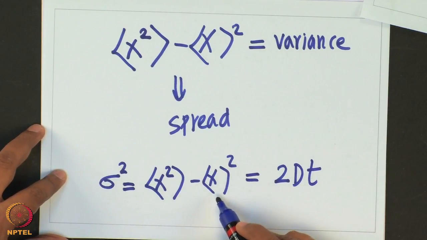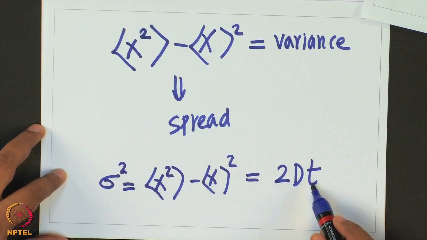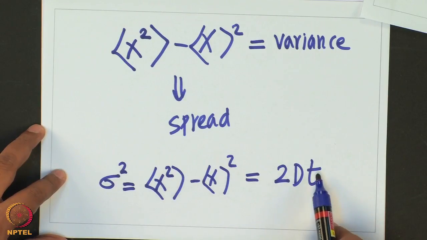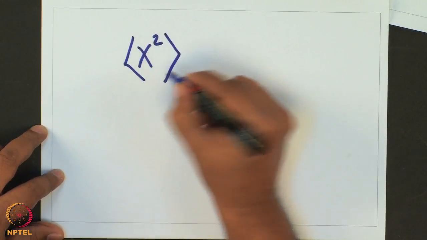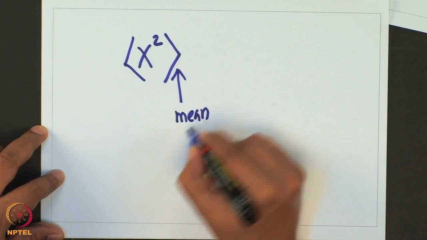If x average is 0, if I can take x0 equal to 0, then x square average is 2Dt. It is interesting to note that the square of the space variable, x square, is proportional to time. This is important to remember. This is a very important property of diffusion, that x square average, where this angular bracket means mean or average.